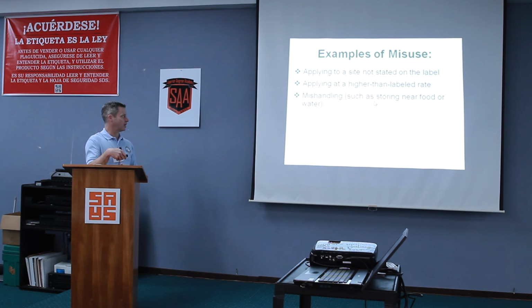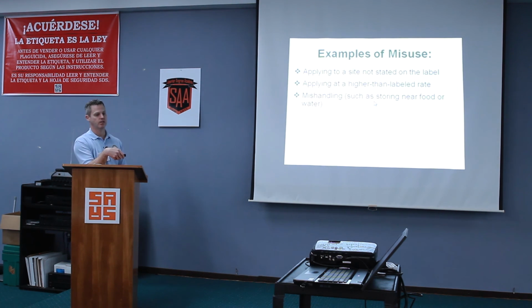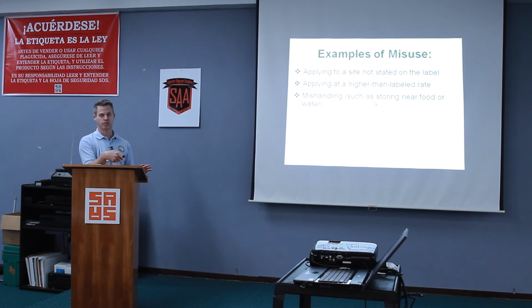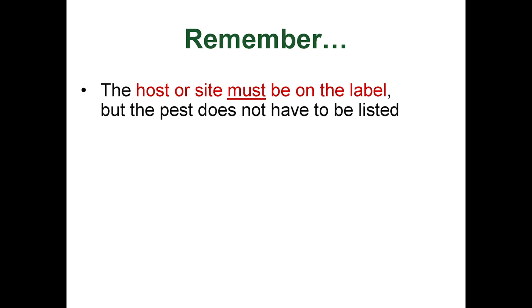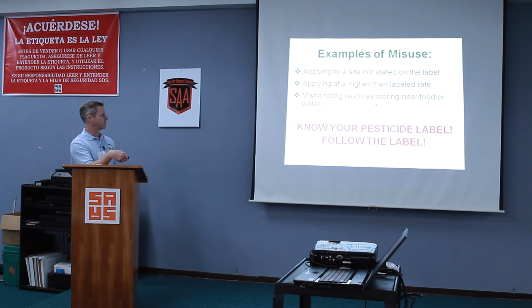I know something that we often see in my program are pesticides that are not allowed to be applied when food is being prepared. And that's so difficult to do pest management in restaurants because of those restrictions. So certain products you cannot use where food preparation or handling is being done. So that would be considered a misuse.